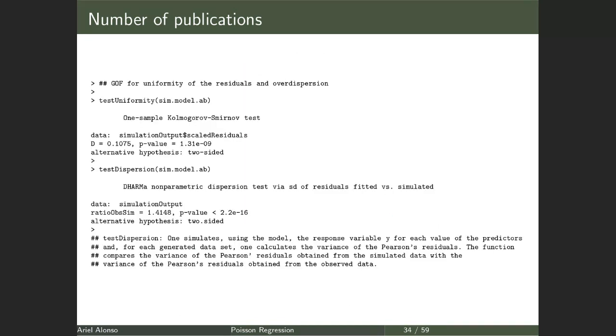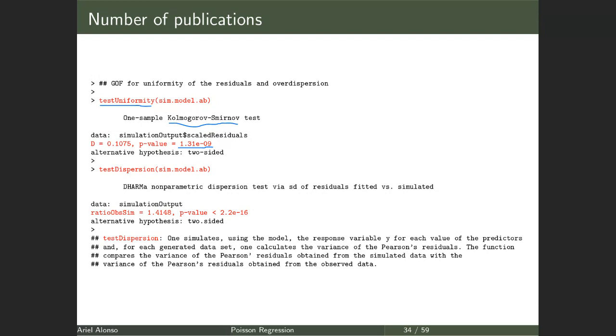Now, here you have the test of uniformity. Here we are testing if the residuals follow a uniform distribution using the Kolmogorov-Smirnov test. Look at this, 10 to the power minus 9. So clearly the residuals are not uniform. And that means we have a kind of misspecification in the model.